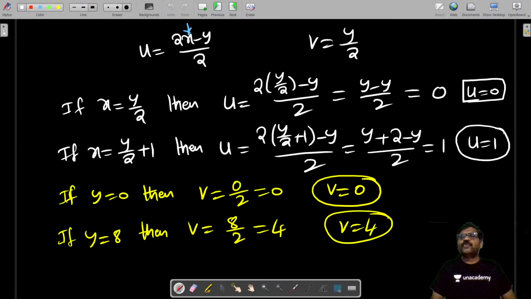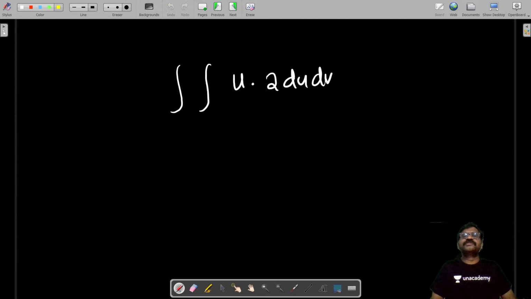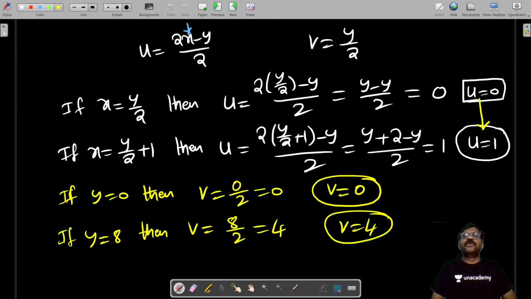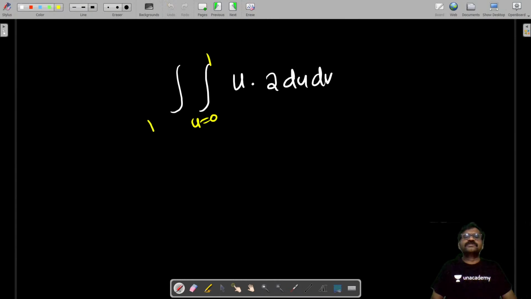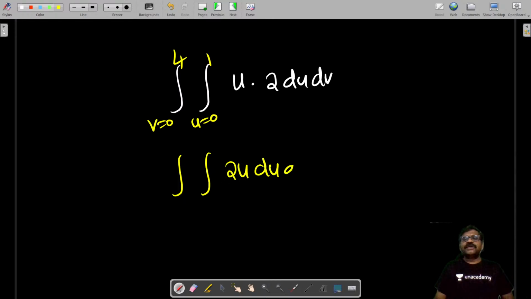Now, u varies from 0 to 1. Now, v varies from 0 to 4. Now, integral of 2u du dv, u varies from 0 to 1, v varies from 0 to 4.